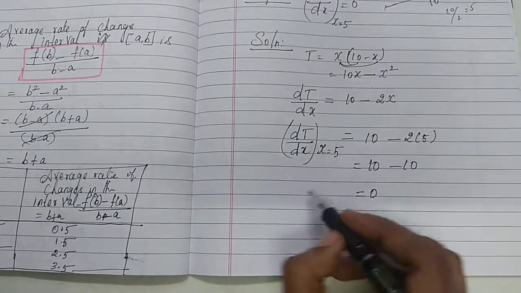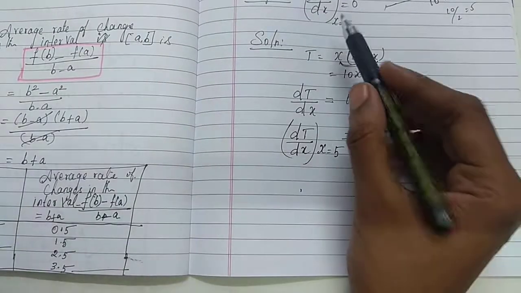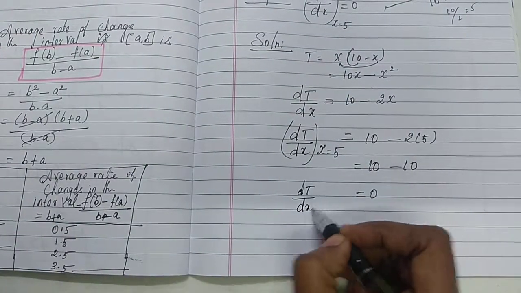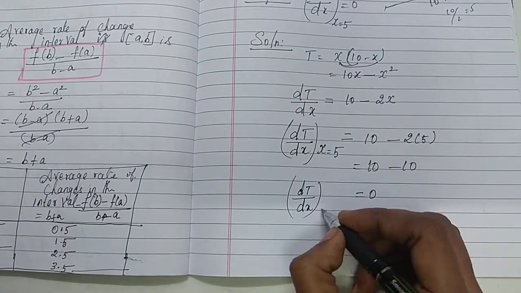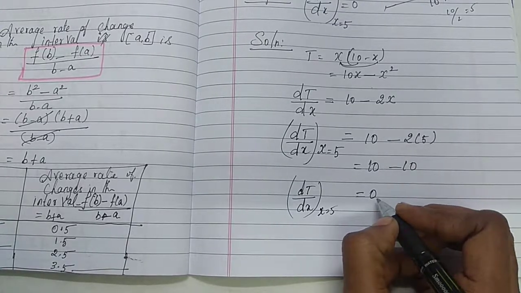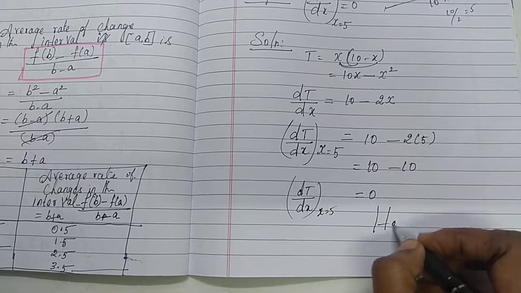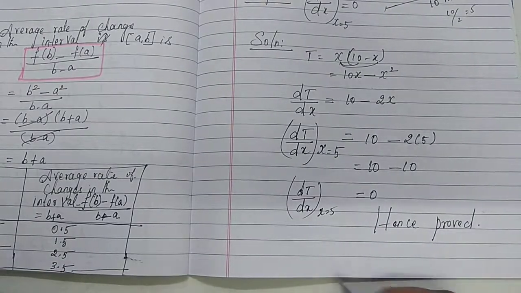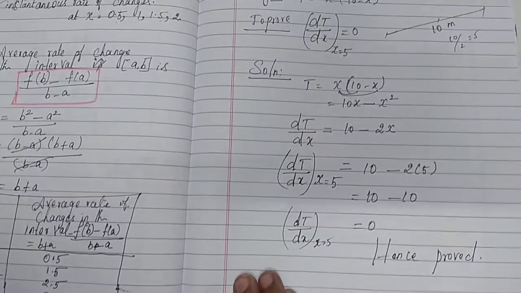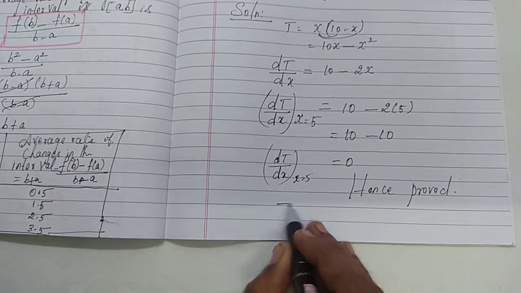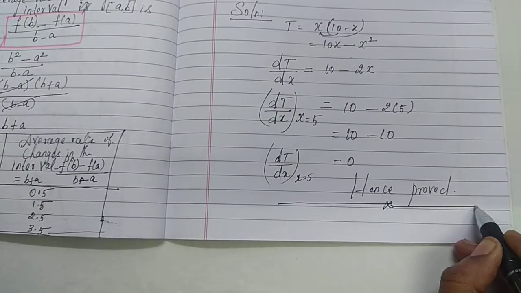So the rate of change of temperature, that is dt by dx, at the midpoint of the rod, that is x is equal to 5, equals 0. Hence proved. Therefore example number 7.2 is over. Thank you.